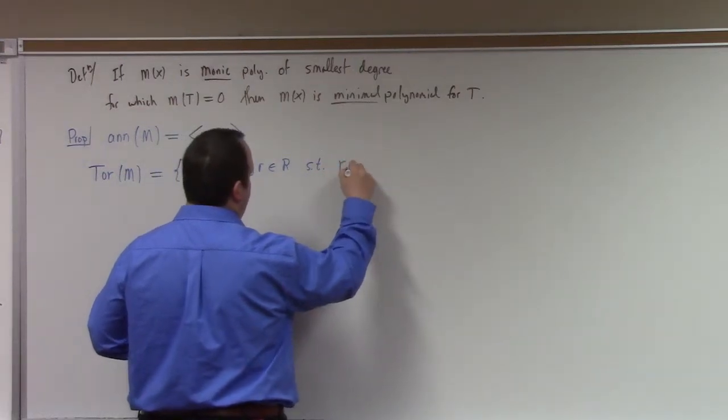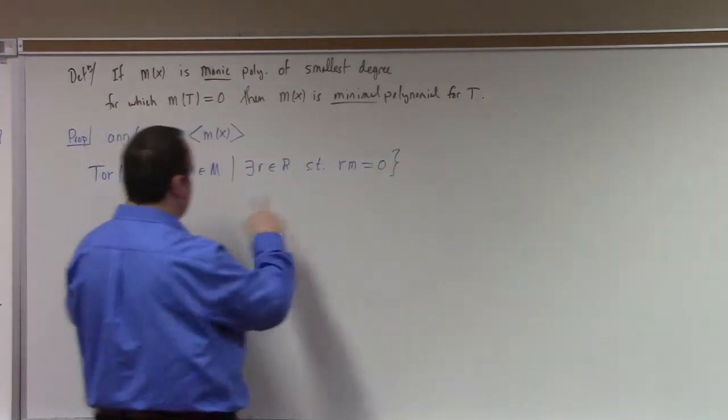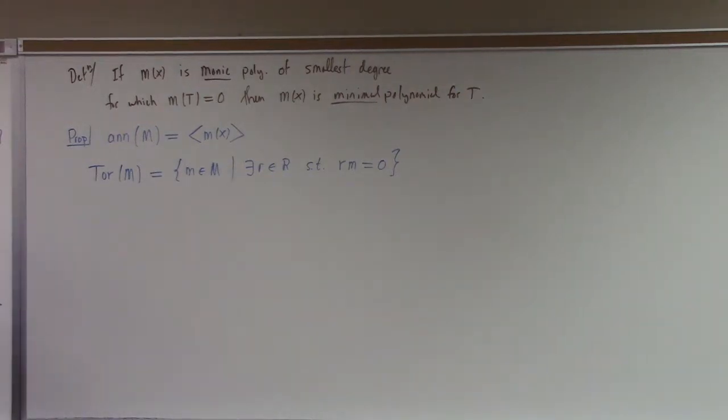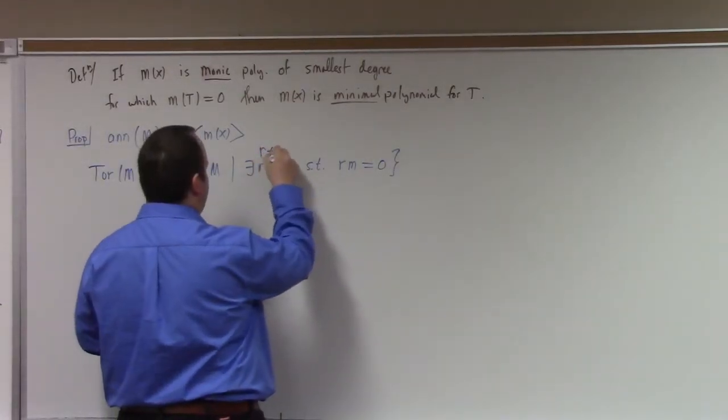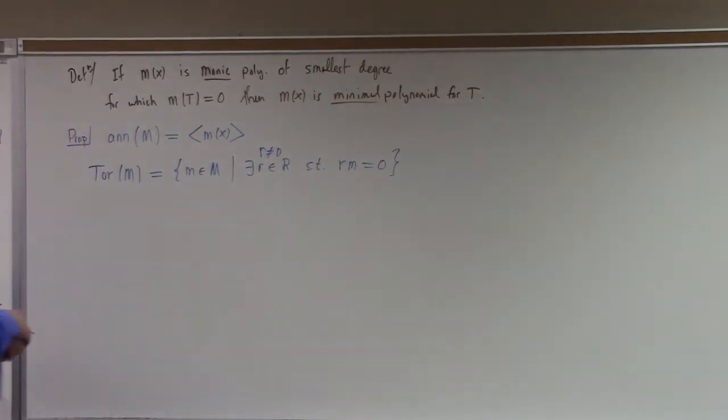Non-zero r. That seems important. So apparently, every vector is annihilated by this non-zero g of x. So everything is torsion.